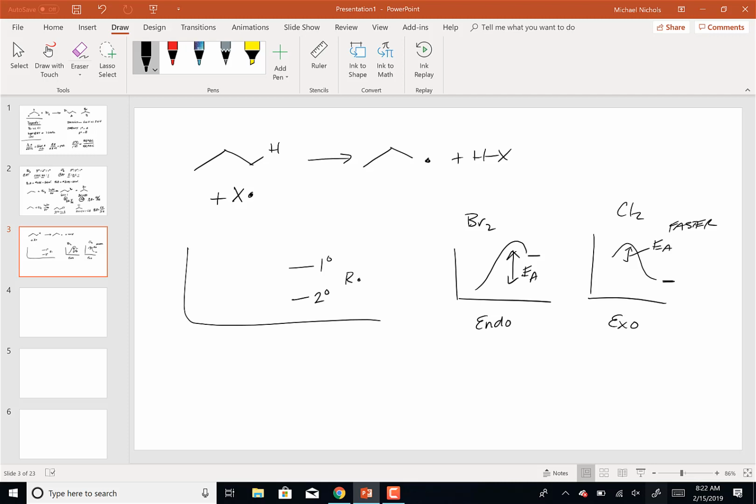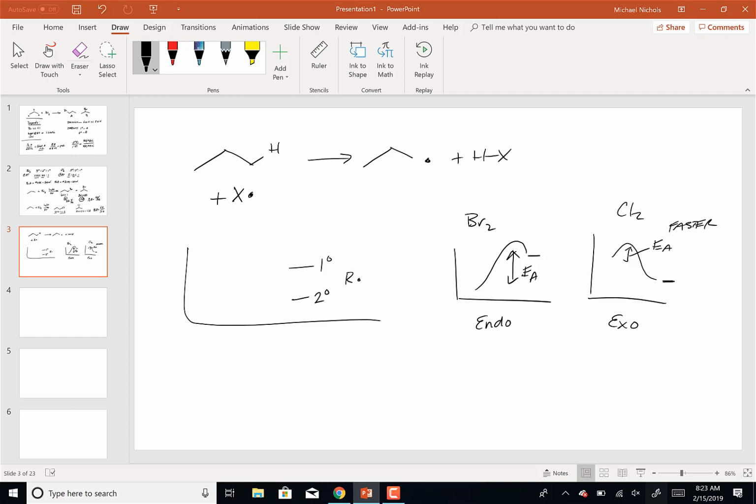Hammond's Postulate really doesn't say any of that. That's what we interpret it to be. So if you have an exothermic reaction, if your transition state looks like your original reactant, you only have a few bond moves to get to the transition state. Fewer bond moves means less energy is required. The more energy you got to put into it, the longer it's going to take.